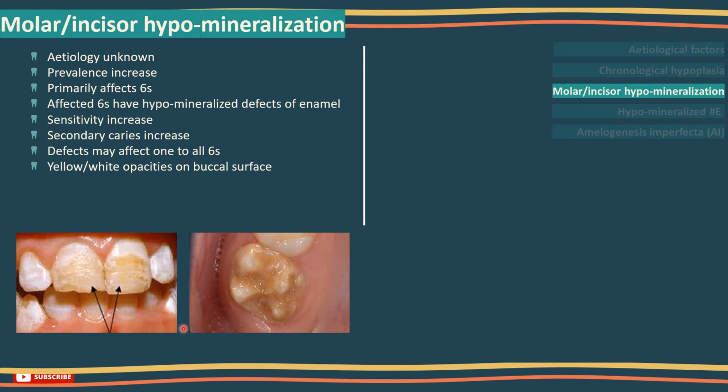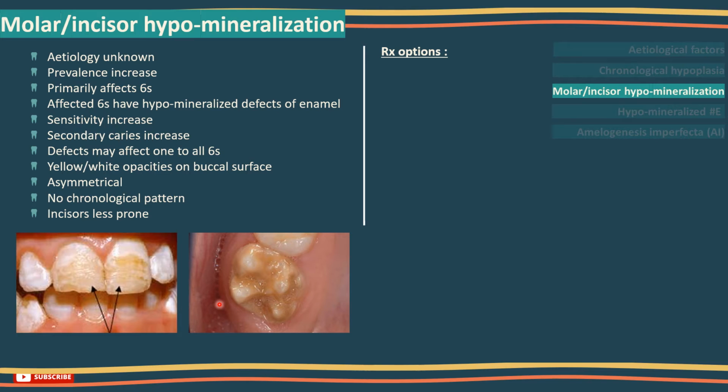Yellow or white opacities on the buccal surfaces of the affected incisors are apparent. Distribution is often asymmetrical, and there is no clear chronological pattern. Incisors are less prone to enamel breakdown than sixes.